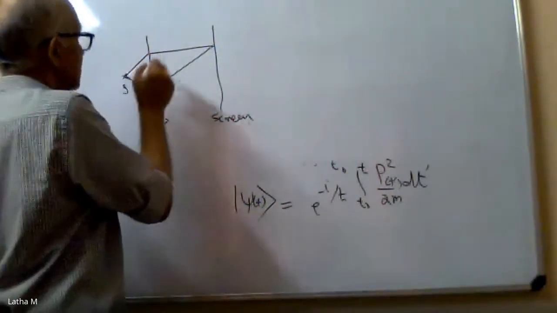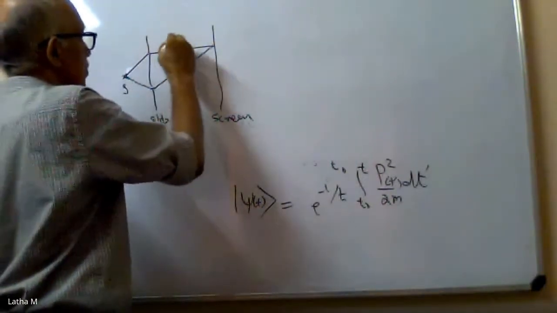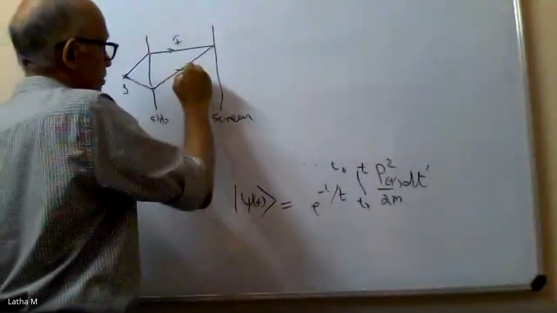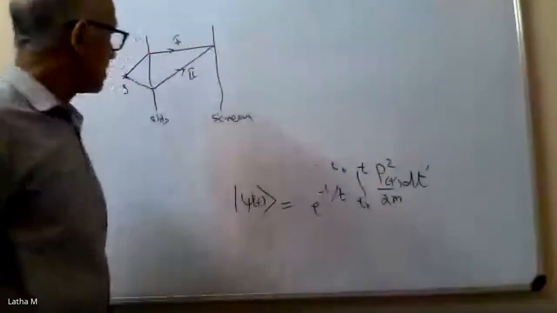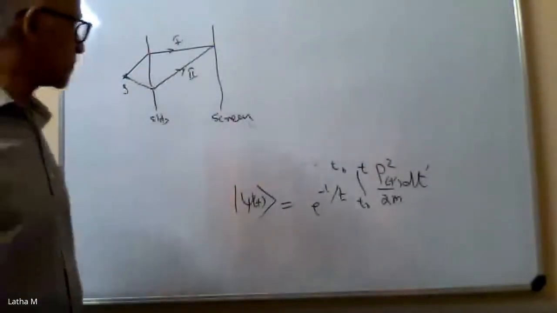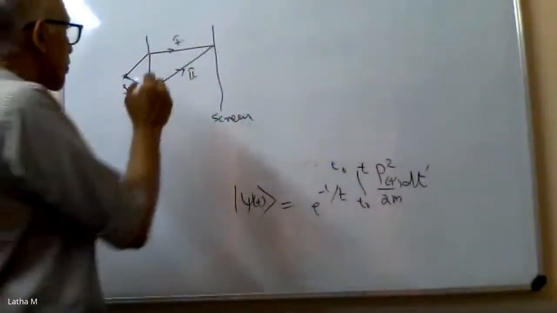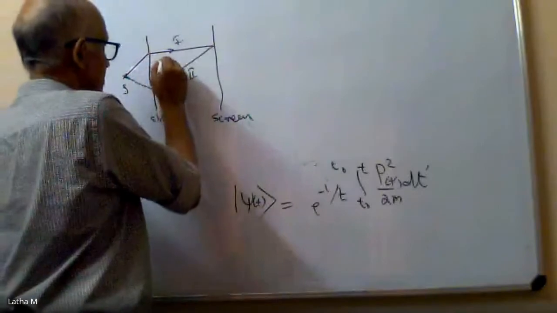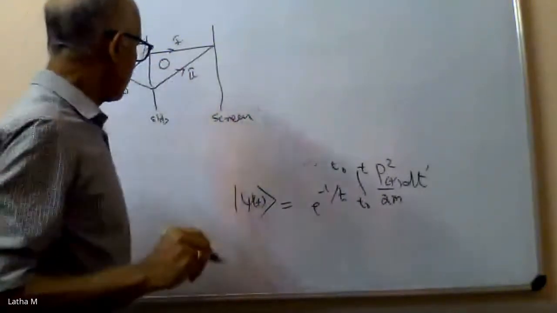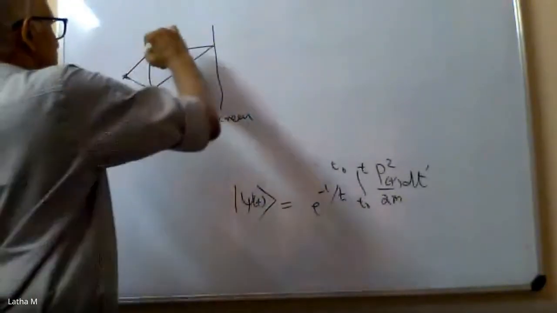From source S, there are two paths, path 1 and path 2, and this will cause an interference pattern on the screen. Now let us consider a solenoid placed between the screen and the slits.